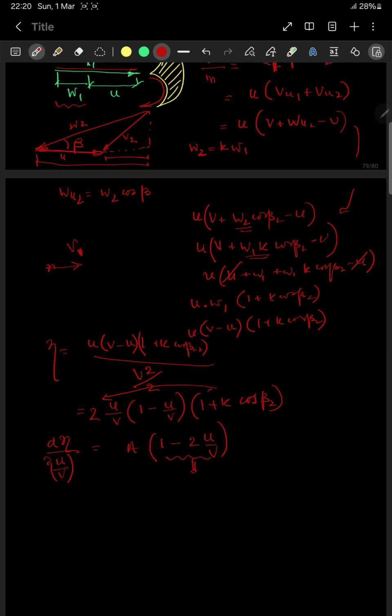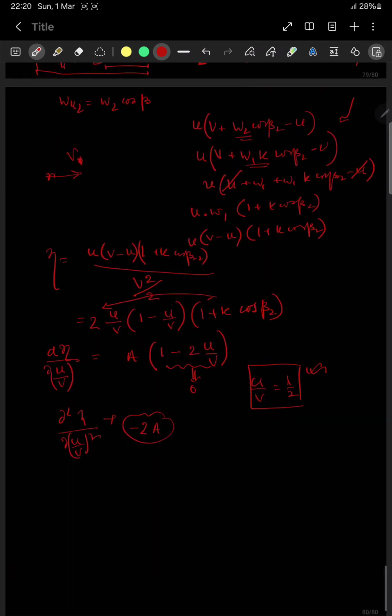So if we make this 0, we have u by v equal to half. If we differentiate it again, we will get minus 2a. So from the maxima minima theorem, if d square efficiency by du by v whole square is negative, then this is the maxima.